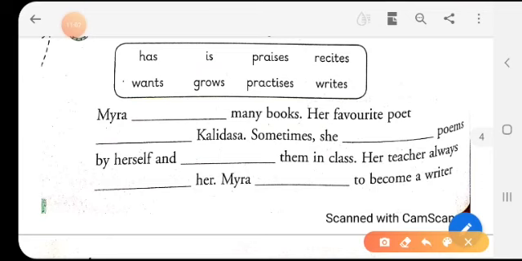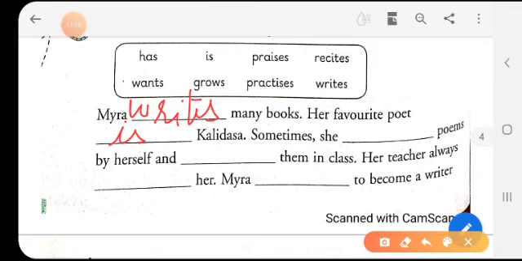Myra dash many books. So what does Myra do? Myra writes many books. So you will write over here, writes many books. Her favorite poet is Kalidas.